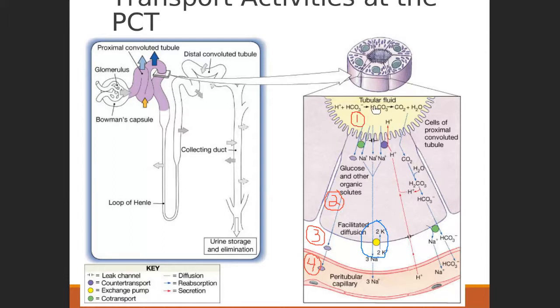The flip side to that, and this is the part that I really want to make sure you ask questions about if you don't understand what I'm about to say: the reason that sodium ions are high in the tubular fluid is really the exact same reason why sodium ions are particularly of low concentration in the peritubular capillary.